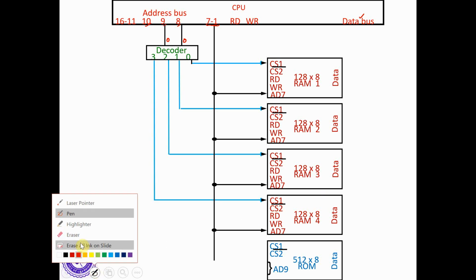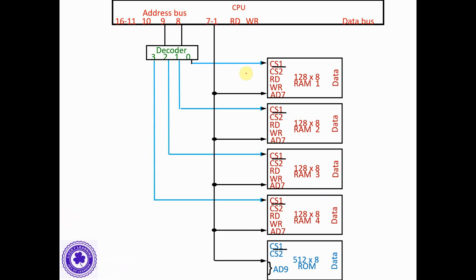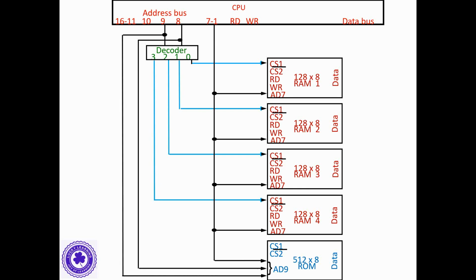Now, these 7 bits are common for addressing the ROM too, and this ROM uses a 9 bit address, so the 8th and 9th bits are connected to the address 9. And finally, what is required? The 10th bit will be used to select either RAM or ROM.